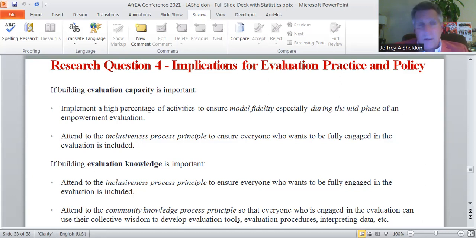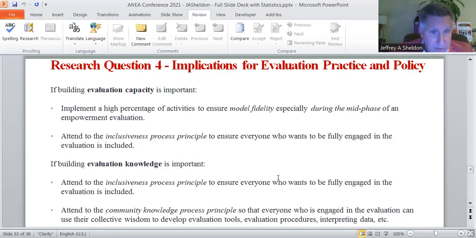Okay, so if you want evaluation capacity, then you implement a high percentage of the activities to ensure model fidelity. In other words, if there are 7 activities in the three-step model, then you adhere to the majority of those activities as much as possible, right?